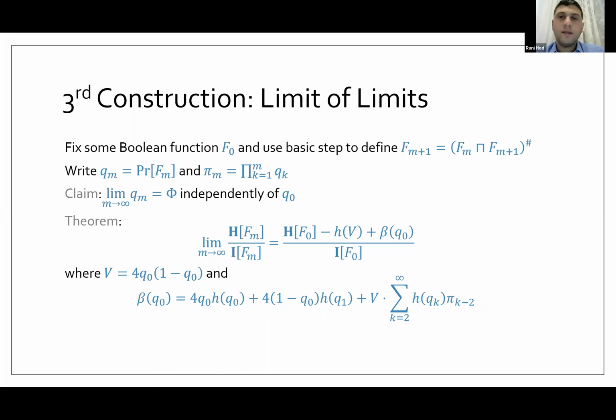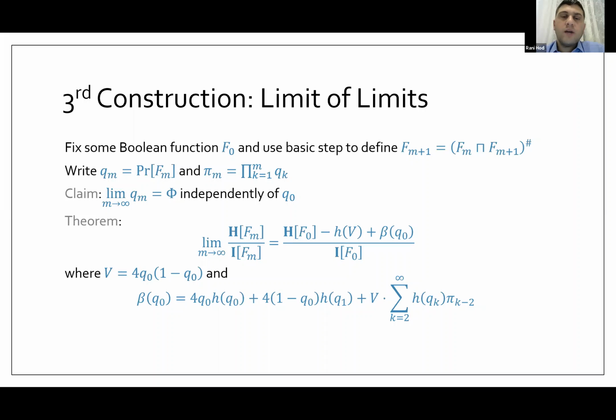Okay, so once again, if you decide on q0, the most sensible function to take if you want to maximize the expression is the one that gives you the smallest possible influence of f0. So if you decide which q0 you want to take, let's take f0 to be the lexicographic function.